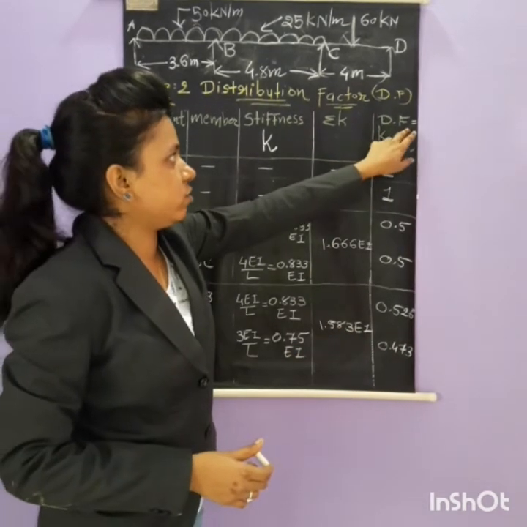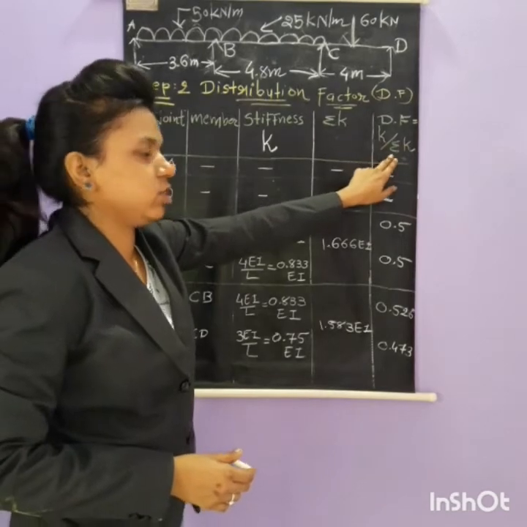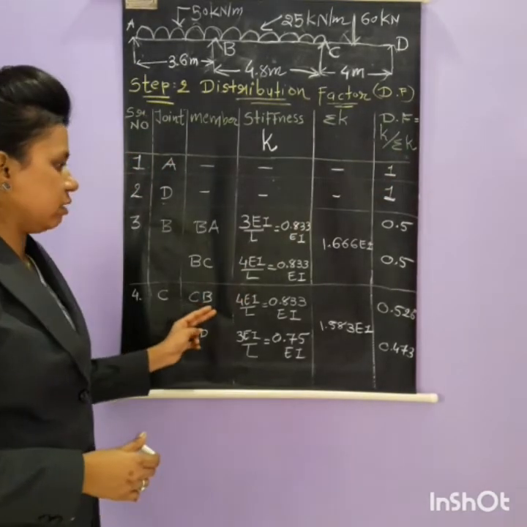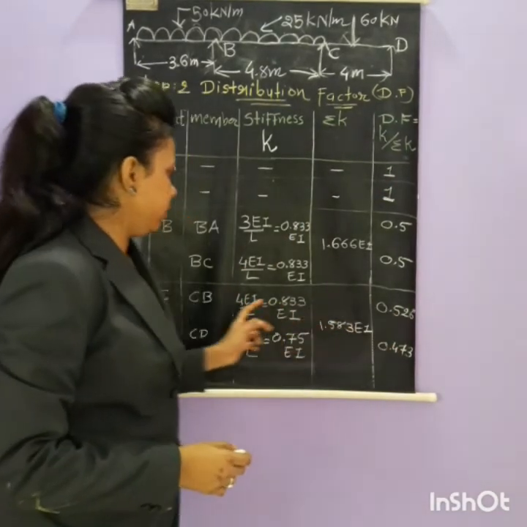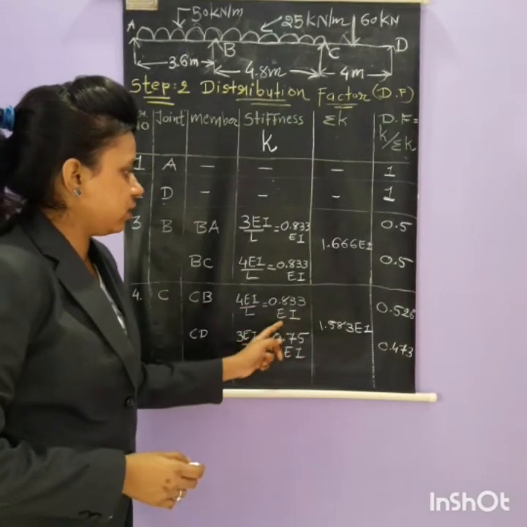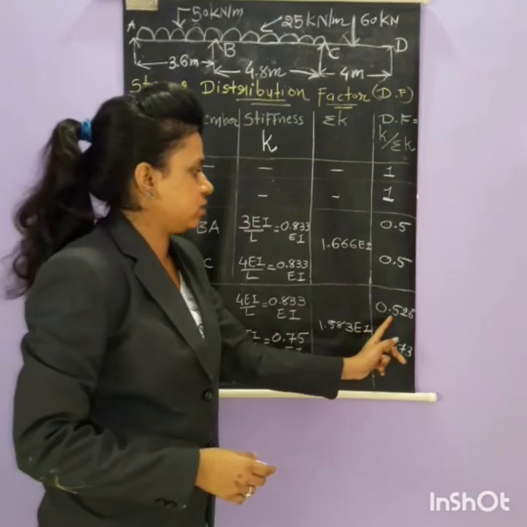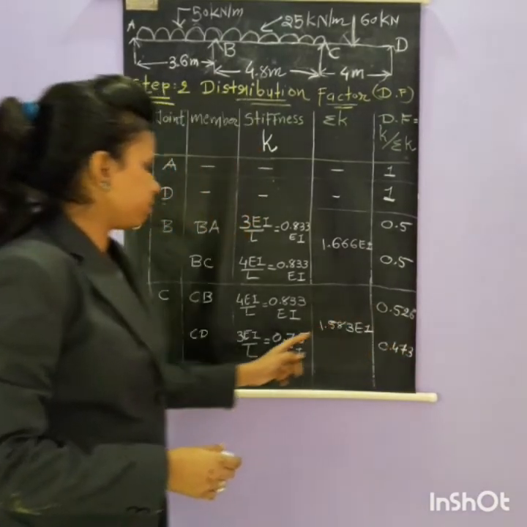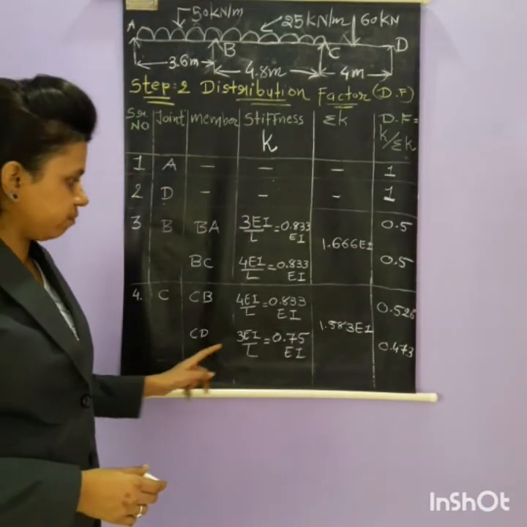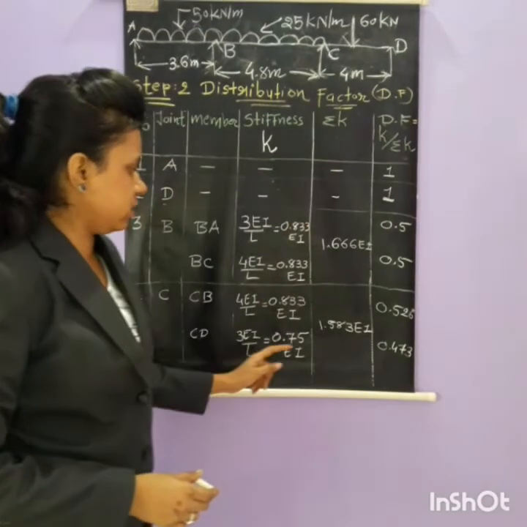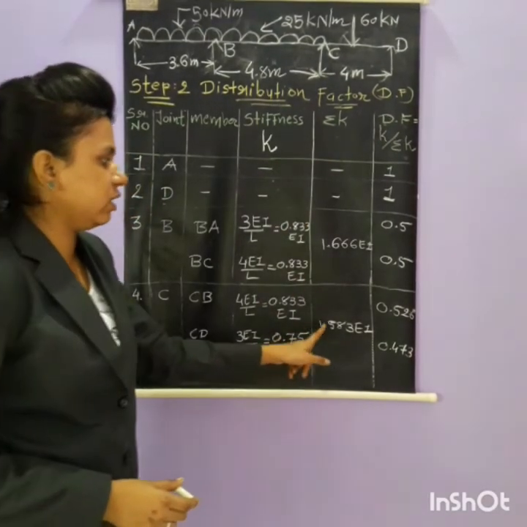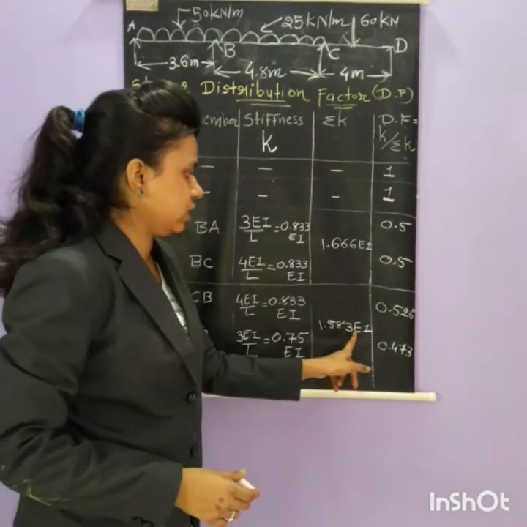The distribution factor is K divided by summation of K. For member CB, distribution factor will be 0.8333 EI divided by 1.583 EI. The answer is 0.526. For the CD span, distribution factor is 0.75 EI divided by 1.583 EI.